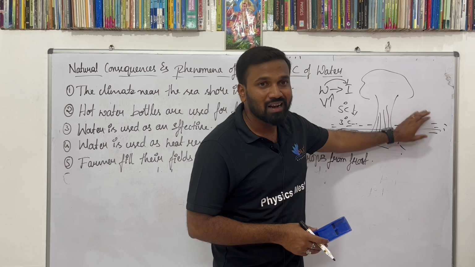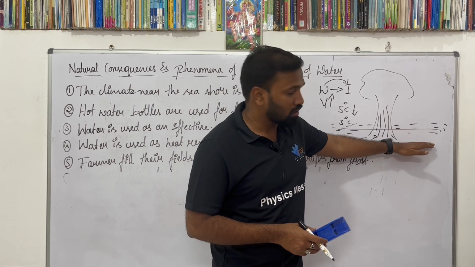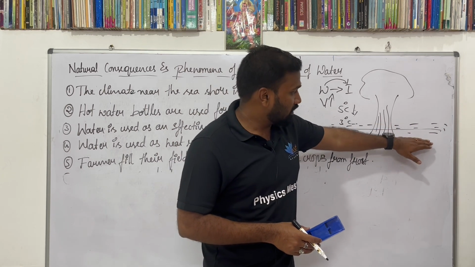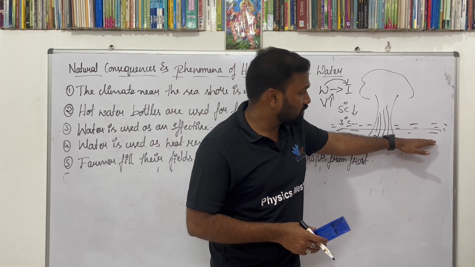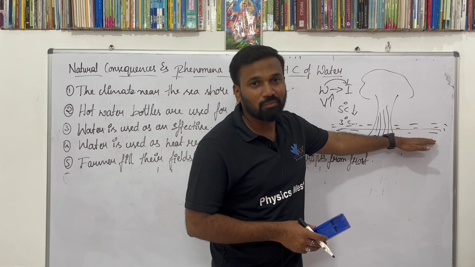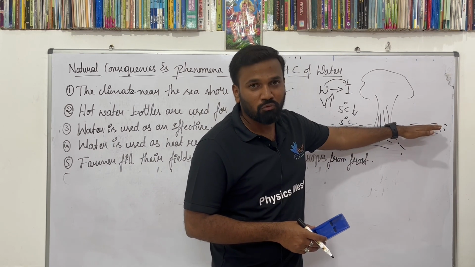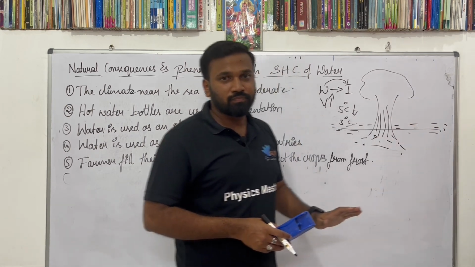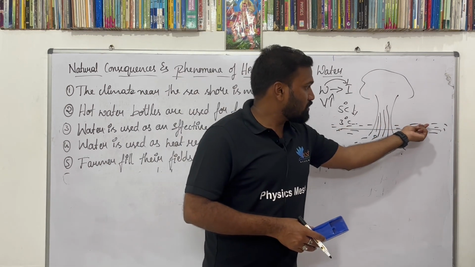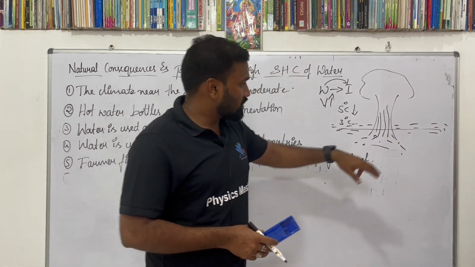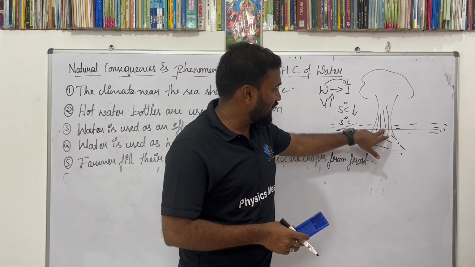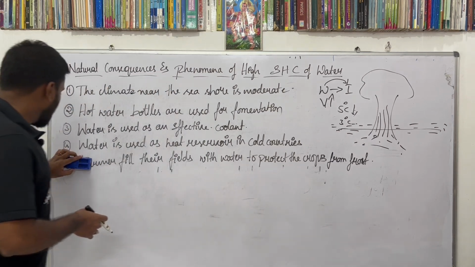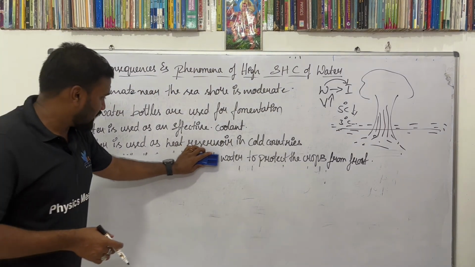This water safeguards the groundwater from which the roots absorb water, so the ground temperature will remain the same. Why does this happen? Because of high specific heat capacity. By that the veins will be safe. Clear? Yes, fine. So this is another advantage or application.